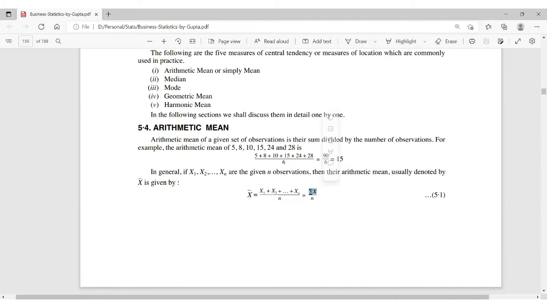Summation means sum of all. Sigma x is the summation of x, that means the sum of all the individual values. Summation means sum of all values.